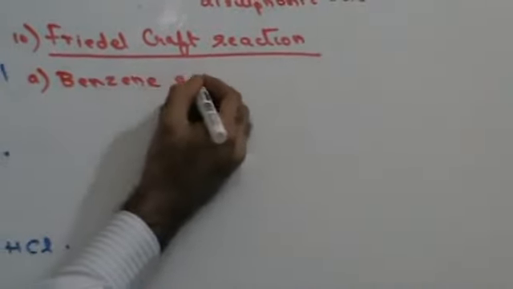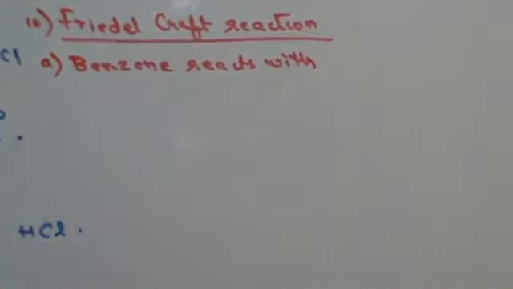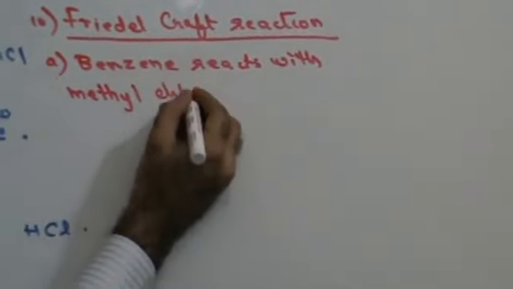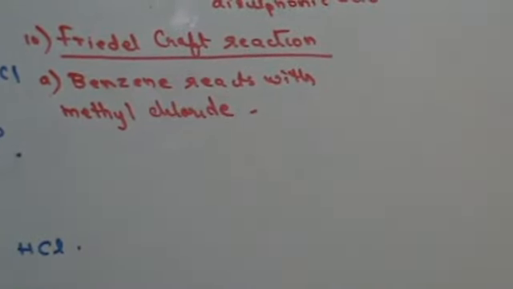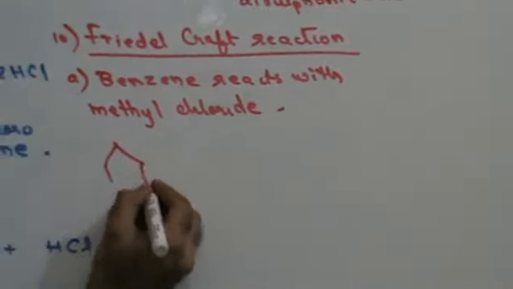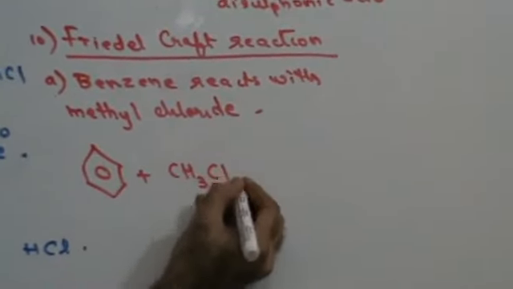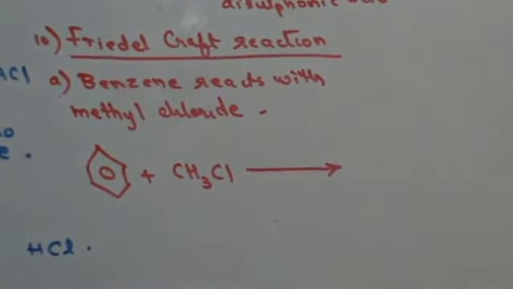What happens when benzene reacts with, say, methyl chloride? Benzene reacts with methyl chloride. You have an aliphatic compound reacting with an aromatic compound.